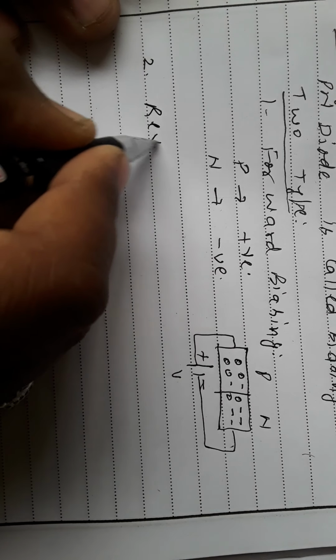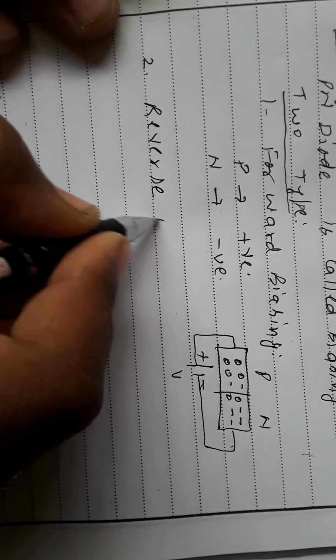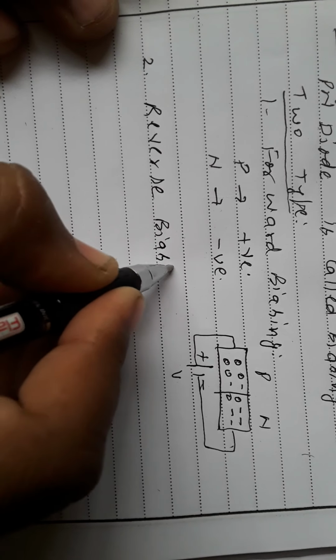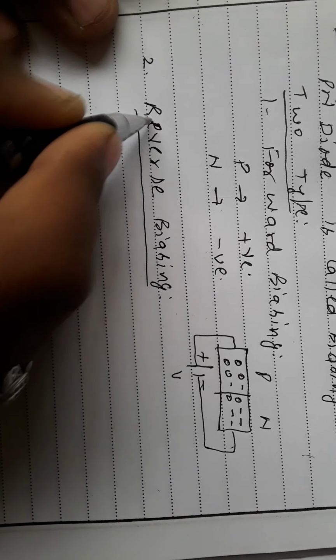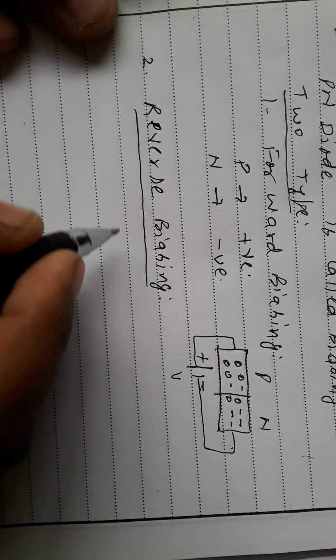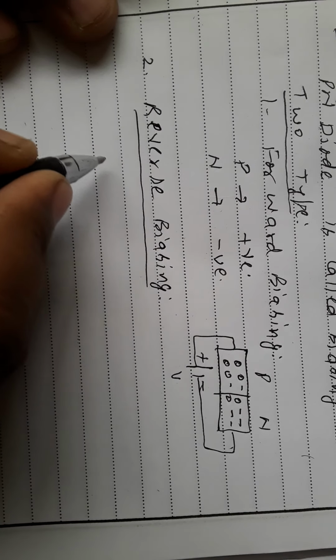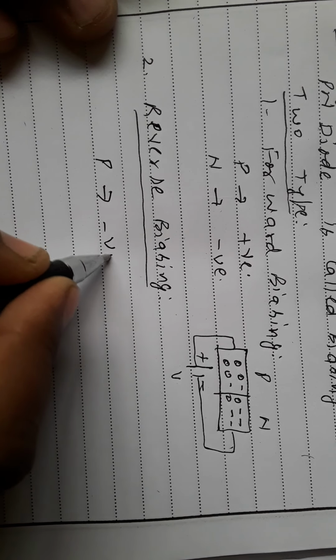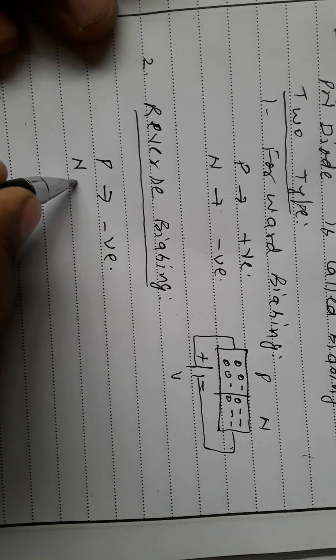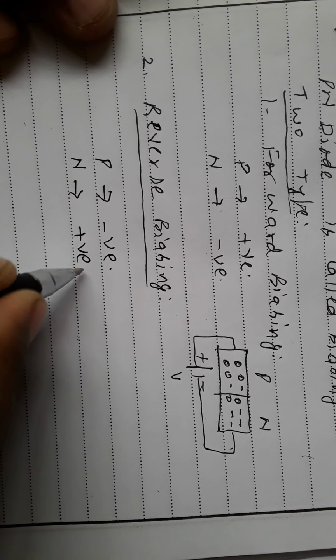Second is called reverse biasing. To attach the P side of the diode with the negative terminal of the battery, and the N side is connected with the positive terminal of the battery.